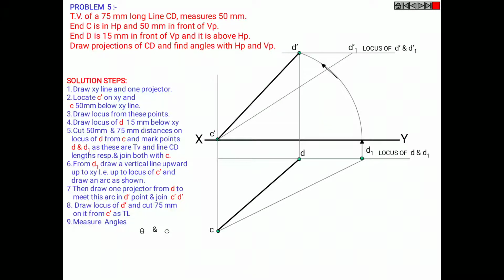And now you can measure your angles theta and phi. These are the angles with horizontal plane and vertical plane which are required. You can measure directly with your protractor. So this will be your required angles.